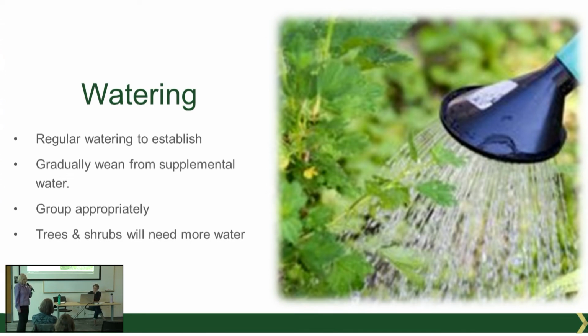Also, look at grouping your plants that have like water needs. So if this plant needs to be watered once a month, but this plant needs to be watered once a week, make sure that you didn't put those right next to each other because you're going to drown one or kill the other. So try to go with plants that have common watering needs and put them together.